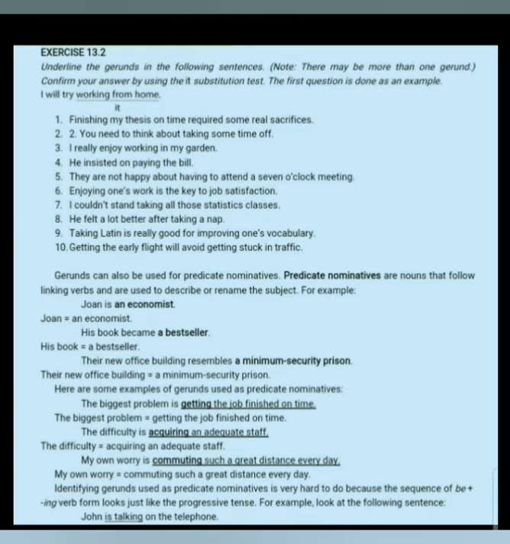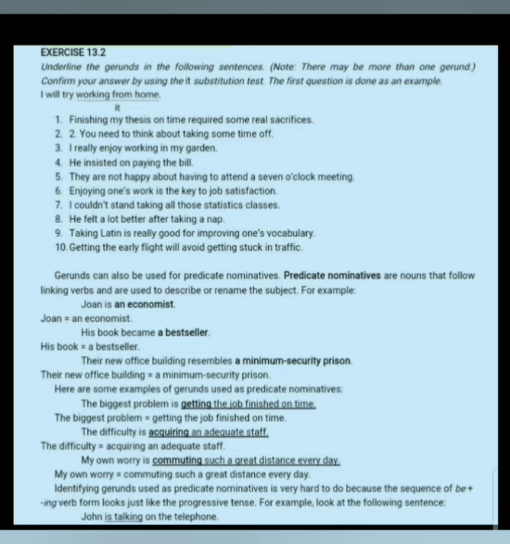getting stuck in traffic. Gerunds can also be used as predicate nominatives. Predicate nominatives are nouns that follow a linking verb and are used to describe or rename the subject. For example, John is an economist.